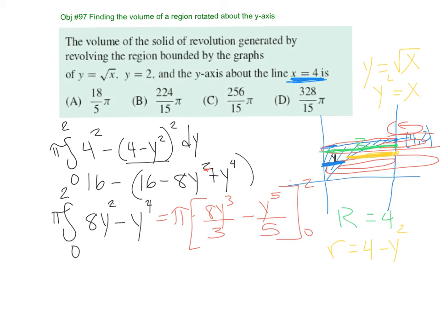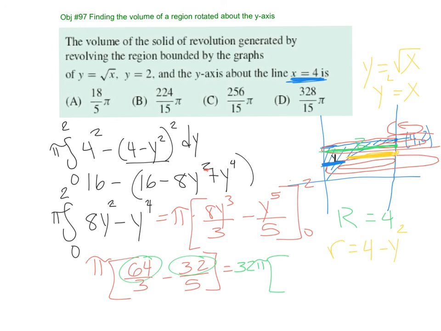All right, so let's plug the 2 in. The nice thing is when we plug 0 we just get 0, so we only have to deal with the 2. So that's 8 times 8, so 64 over 3 minus 32 over 5. So one thing that you can do if you don't have a calculator, right? Both of these numbers are multiples of 32. So one thing I do sometimes is I'll do 32 pi.